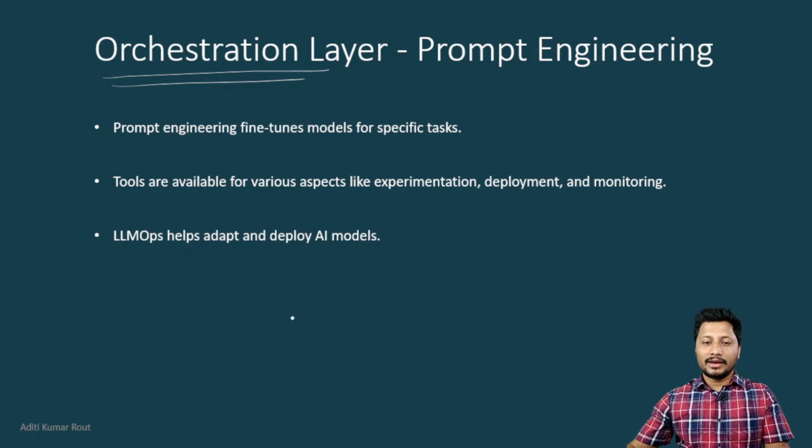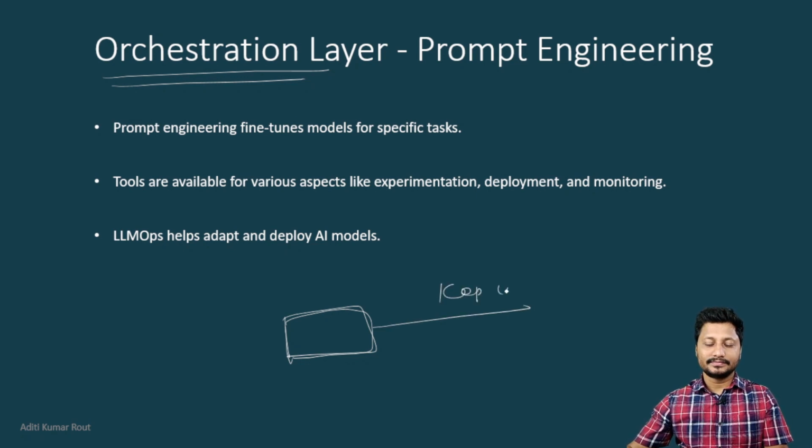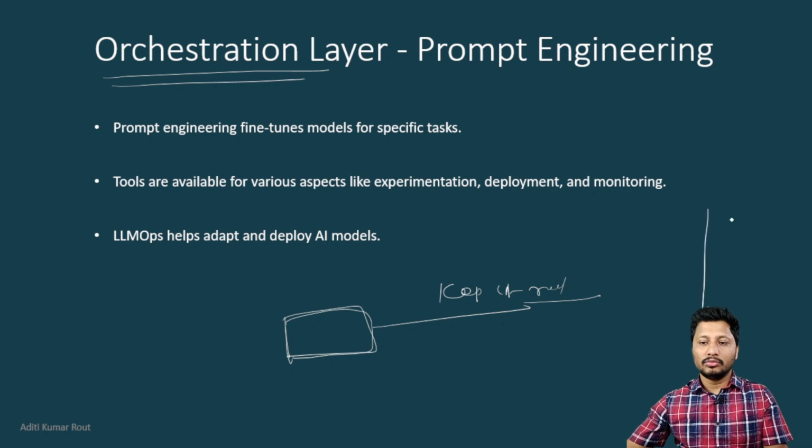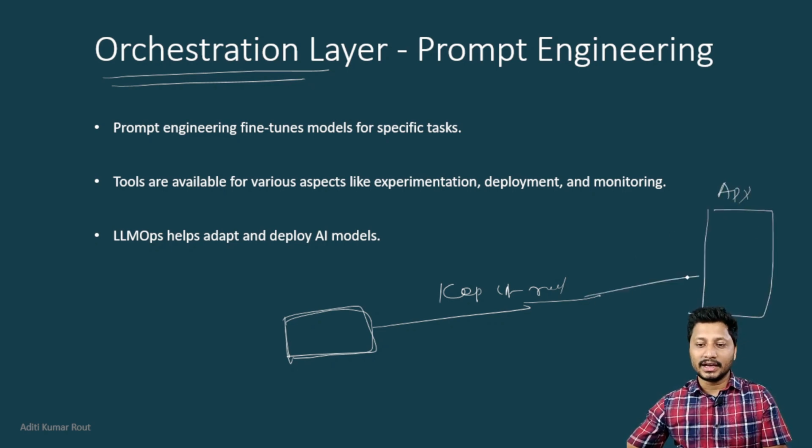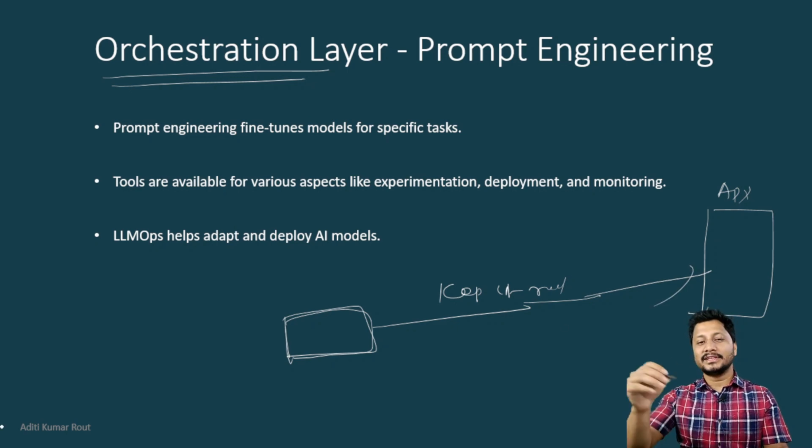For example, we are building a model and keeping it ready, so that tomorrow, if there is an end system or application layer, we can easily inject it. This is the orchestration layer.